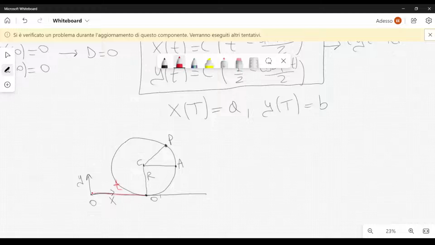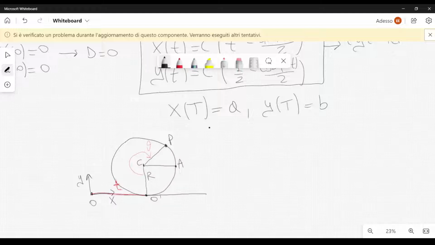When t is equal to 0, O coincides with O prime, and the point P also coincides with O prime and O. So the angle described by P when the circle is rolling from O to O prime will be this one. Let's call it theta.